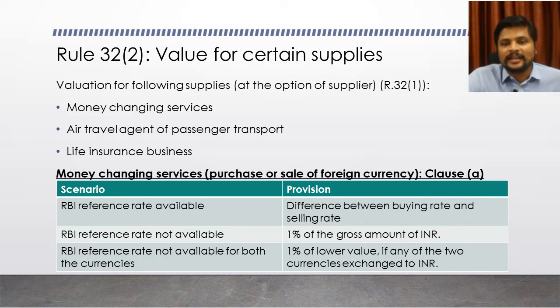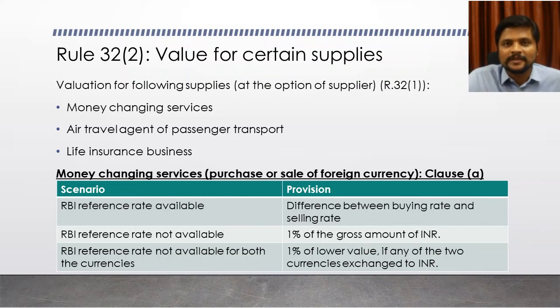The applicable exchange rate quoted by the money changer is 60 rupees per US dollar. If you want to buy $100, the US dollar costs 60 rupees, so the value in INR you will be paying is 6,000 rupees. The value of the service provided by the money changer is nothing but 1% of the gross amount of INR. 1% of 6,000 rupees is nothing but 60 rupees.